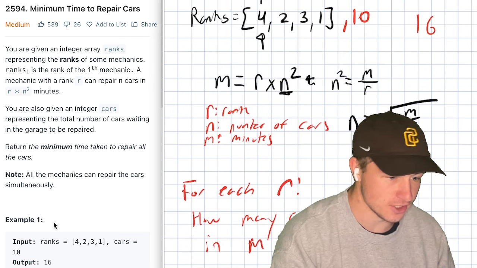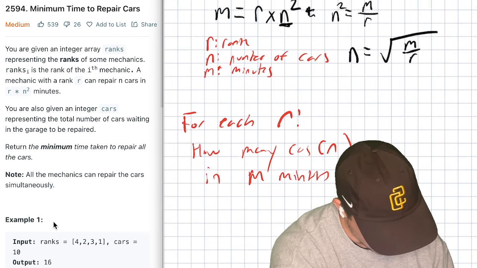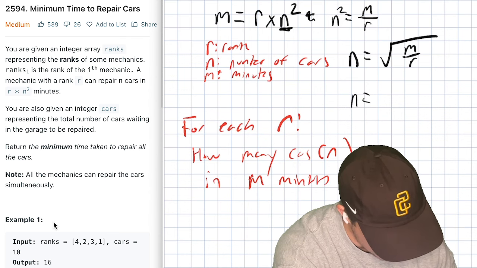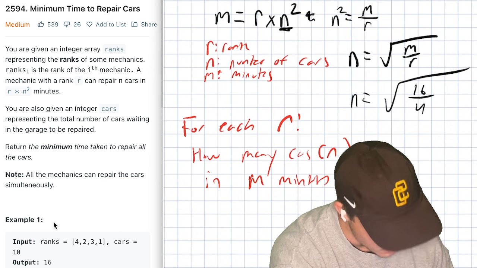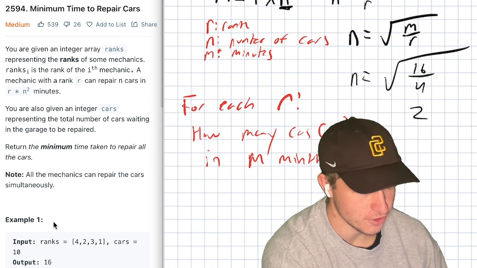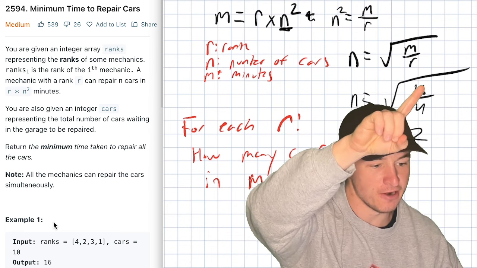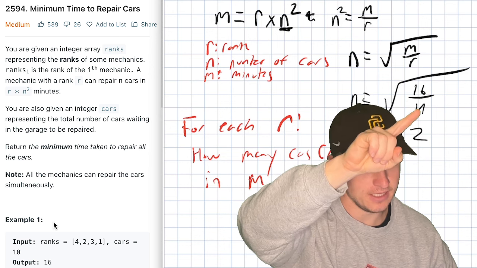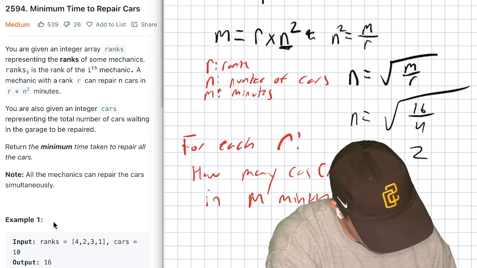Well, let's see. For the first person, n equals the square root of 16 over 4, which equals 2. So the first guy can do 2 cars in 16 minutes, because he's got 16 minutes here. His rank is 4, so the first guy will give you 2.